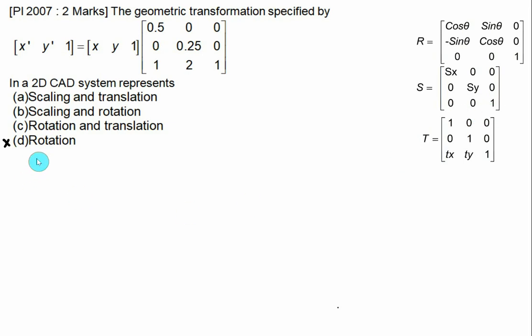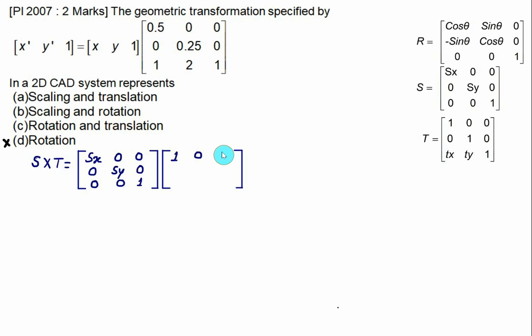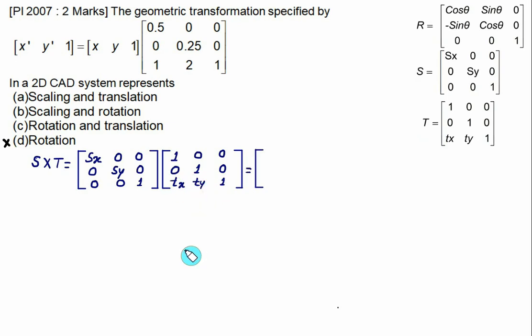We have scaling multiplied by translation. The scaling matrix is sx 0 0, 0 sy 0, 0 0 1, and the translation consists of 1 0 0, 0 1 0, tx ty 1. So let's carry out the product here.